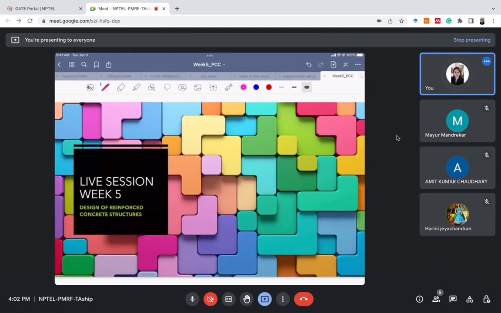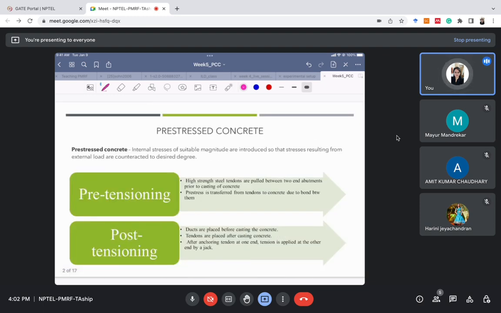Okay, so let's start with the basics. I'll try to be as simple as possible. Before starting, let me give you a brief overview of what I'm going to tell you today. First, I'll tell you briefly what pre-stressed concrete is. I'll not go very deep into the definitions; I'll just keep things simple, sharing only what is required for GATE.